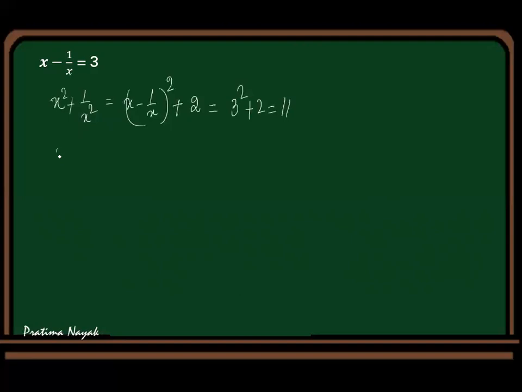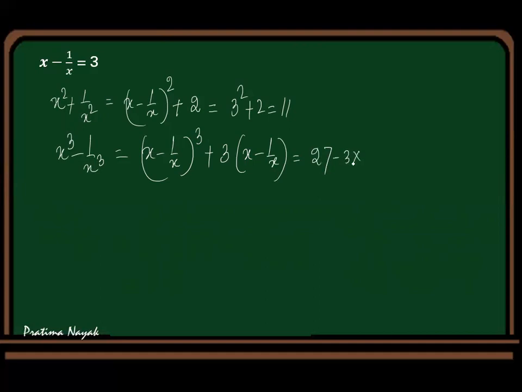Then I got x cube minus 1 by x cube is equal to (x minus 1 by x) whole cube plus 3 within bracket (x minus 1 by x). So it was 27 minus 3 into 3, sorry, plus 3 into 3. It will be 36.